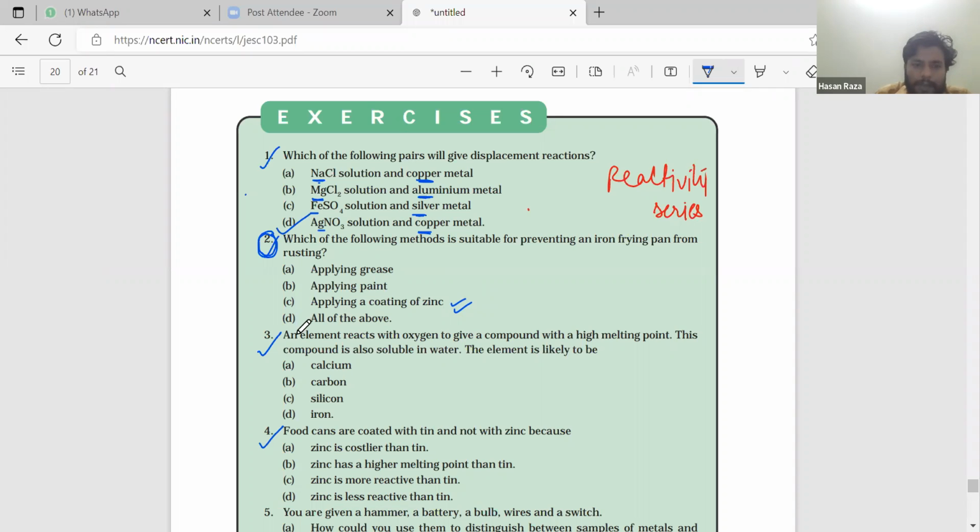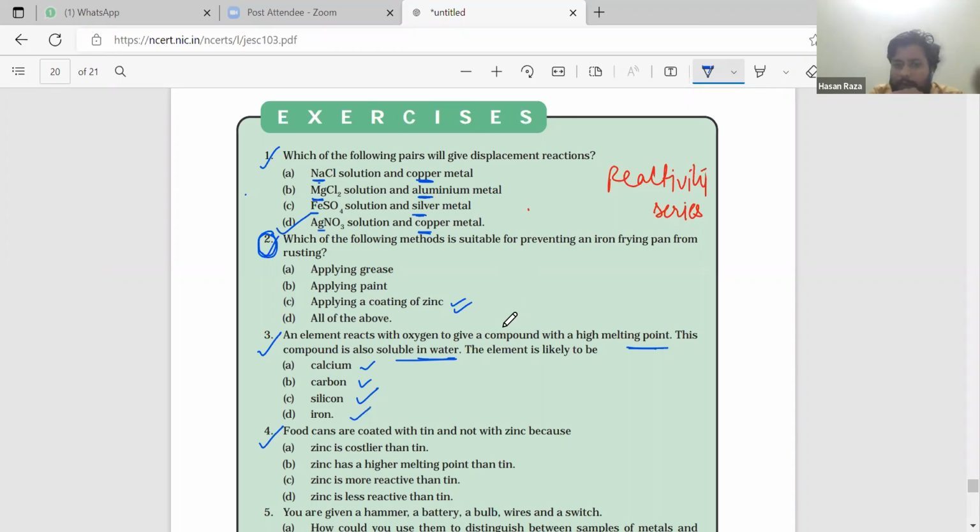Okay. What is the answer for the third? An element reacts with oxygen to give a compound with a high melting point. This compound is also soluble in water. The element is likely to be calcium, carbon, silicon, or iron. What do you think? See, it's very easy to understand.